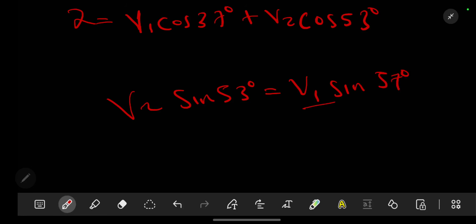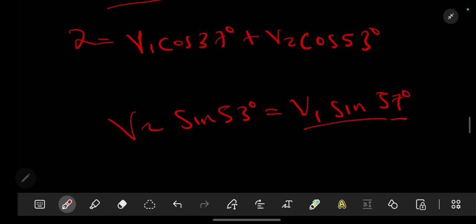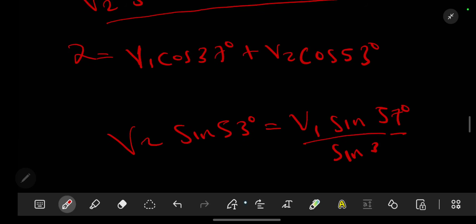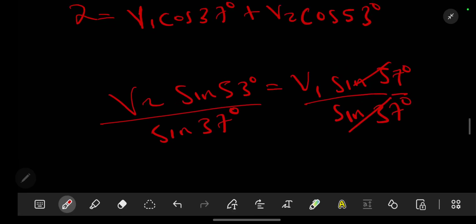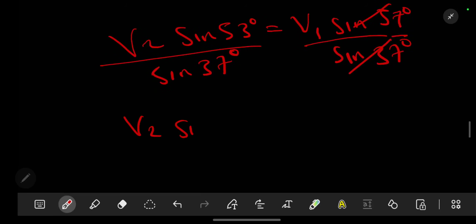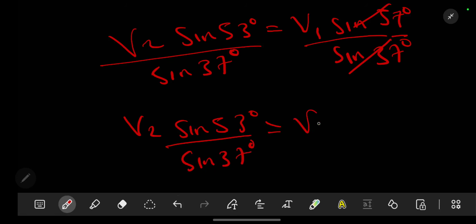To leave v1 alone, you divide by the sine of 37 degrees, so that we have v2 sine of 53 degrees over the sine of 37 degrees equal to v1.